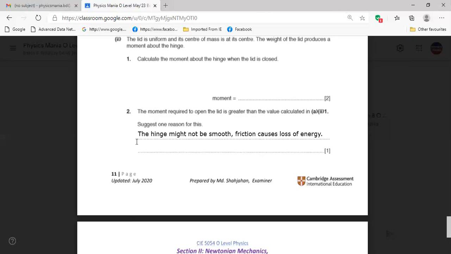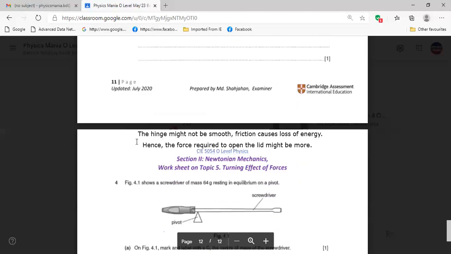Friction causes loss of energy. Hence, more force might be required to open the lid. Yes, very good. Then we are going to the next part.